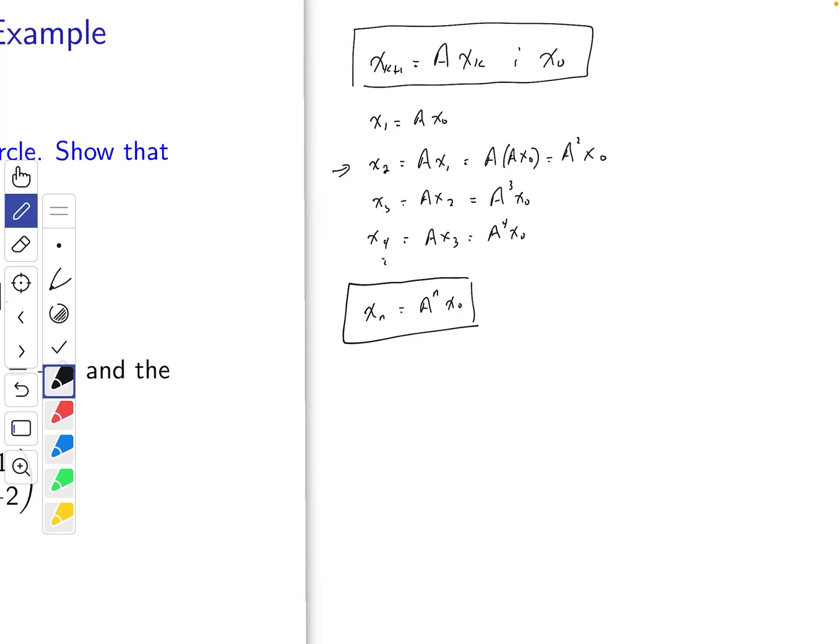Now we can think about this in terms of eigenvalues and eigenvectors. If A is equal to S Lambda S inverse, then x at time n is going to be S Lambda to the n S inverse x0, and Lambda to the n is lambda 1 to the n down to lambda n to the n.